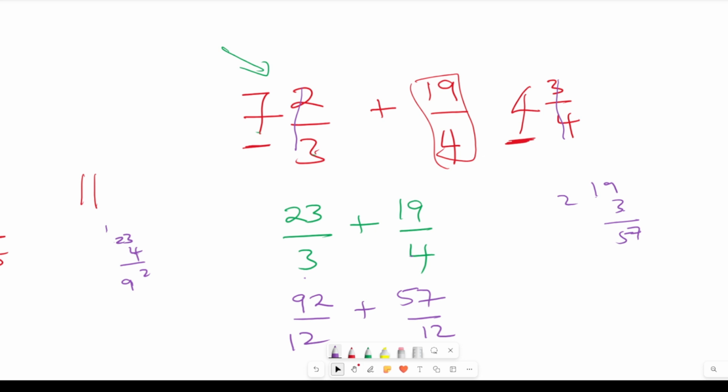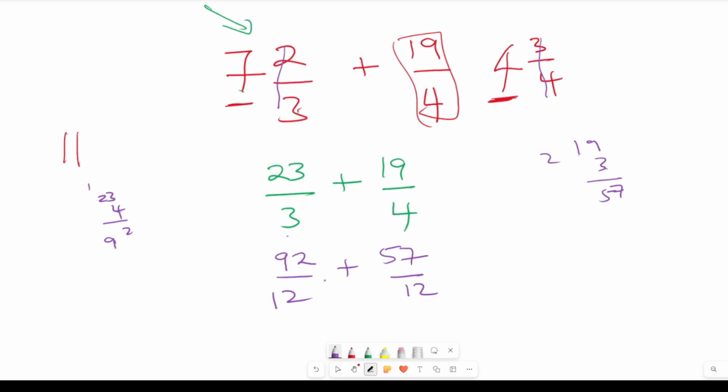So now that I have this, I will carry my 12 over, and then I will have 92 plus 57, 149 over 12. 149 over 12. And if I like, I will now change this to a mixed fraction. Okay. And using the same method that we have discussed earlier on.